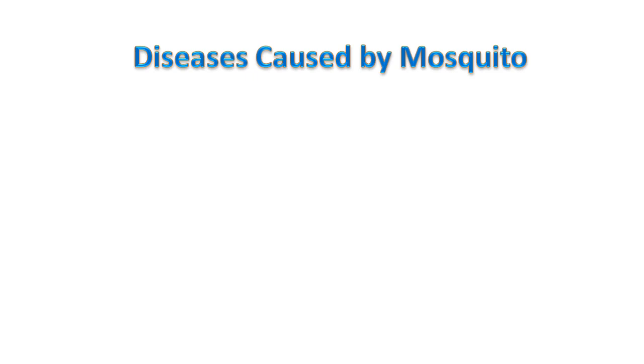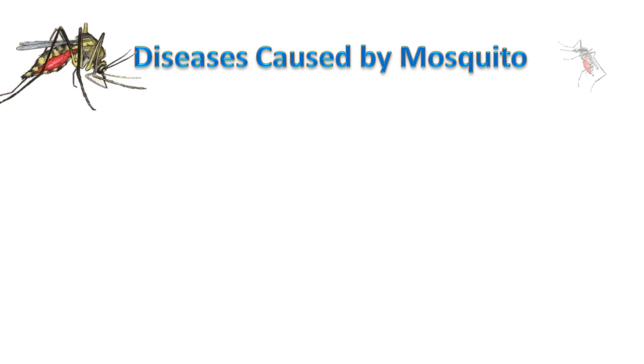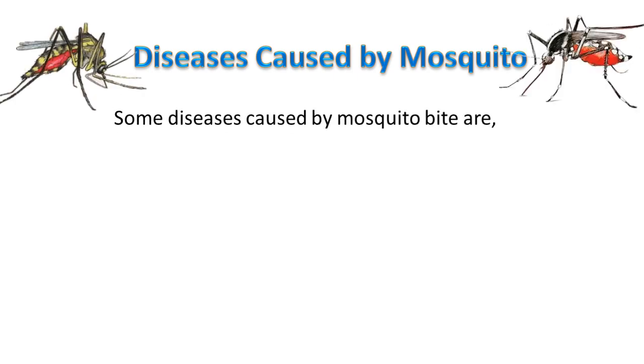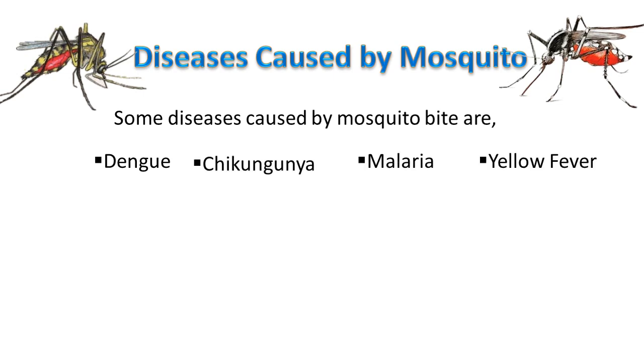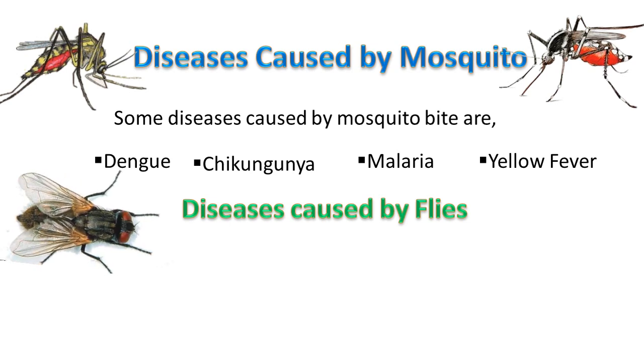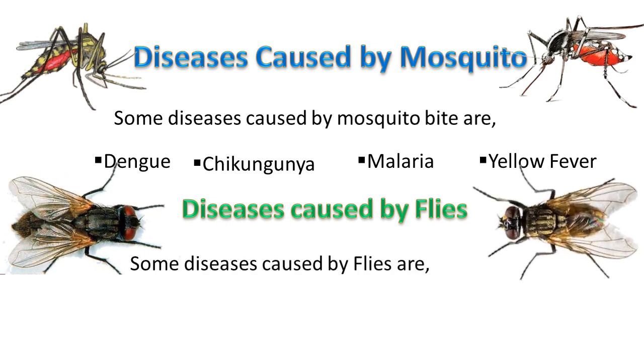Diseases caused by mosquitoes. Some diseases caused by mosquito bites are dengue, chikungunya, malaria, and yellow fever. Diseases caused by flies.